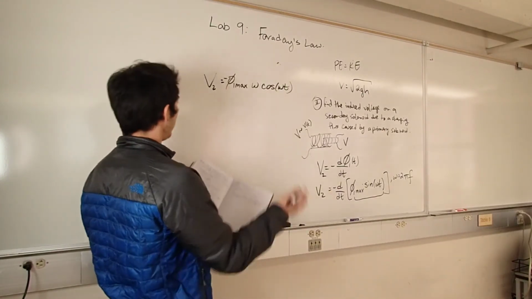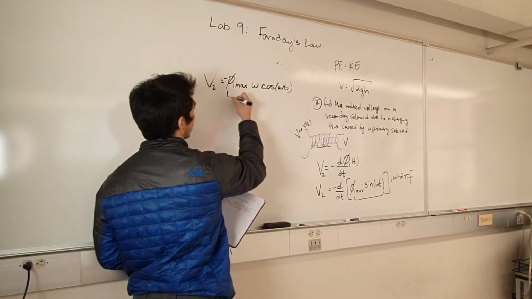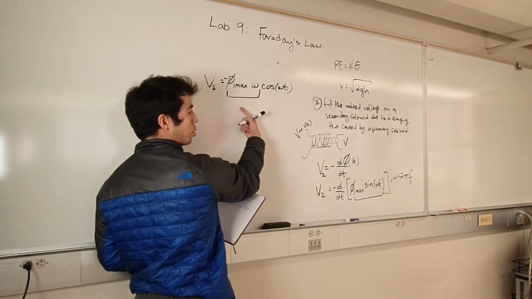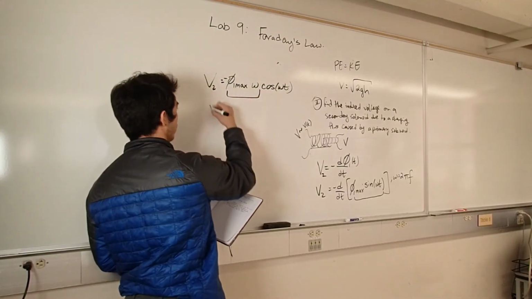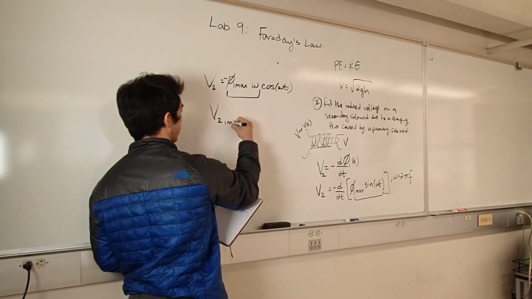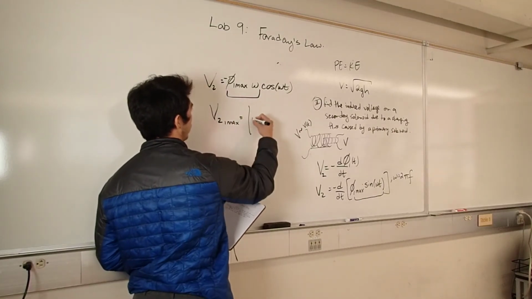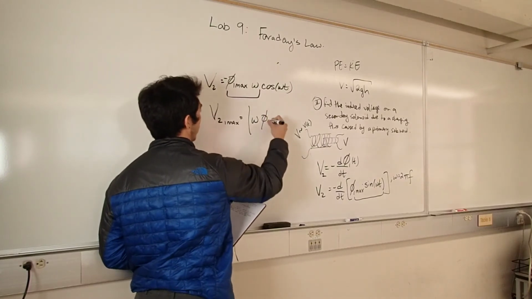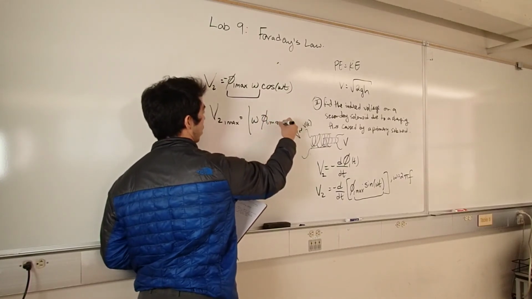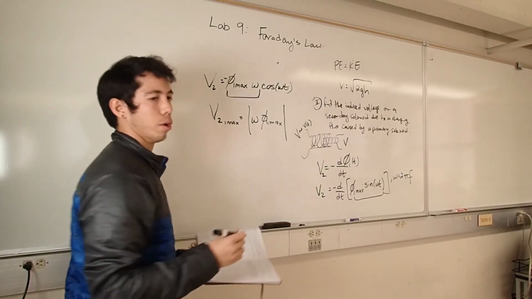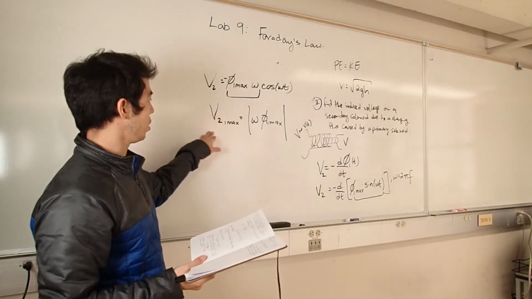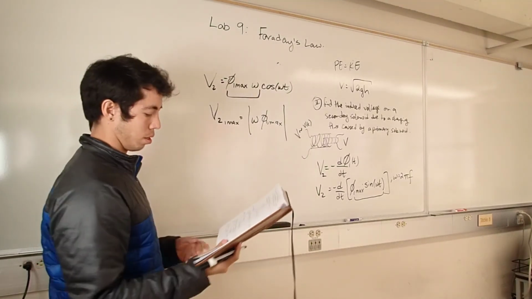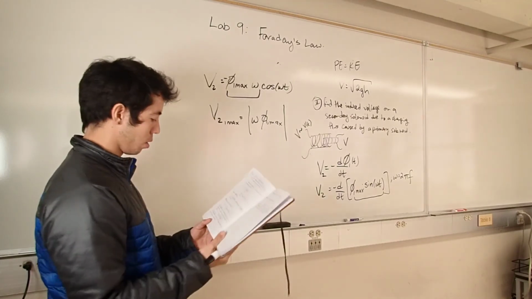Okay. So we're only interested in this coefficient here, which is the amplitude of your wave. So V2 max is equal to the absolute value of ω, the driving angular frequency, times Φ1 max, the flux from the first solenoid. This is the voltage that we expect to see, or the maximum voltage.